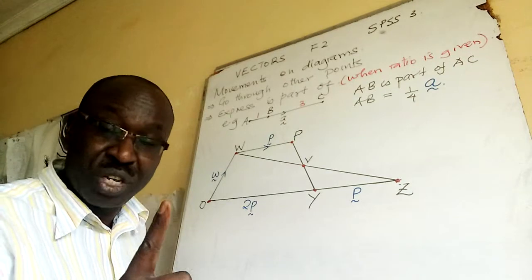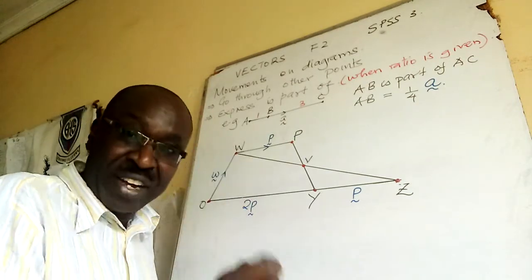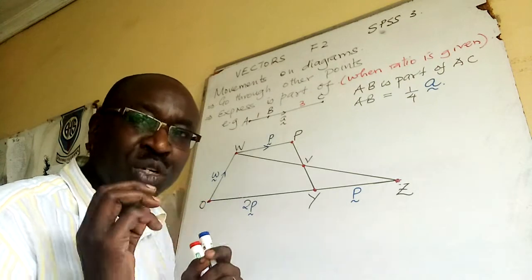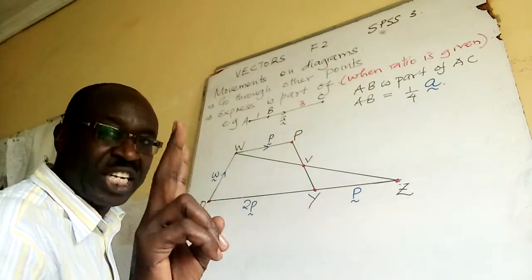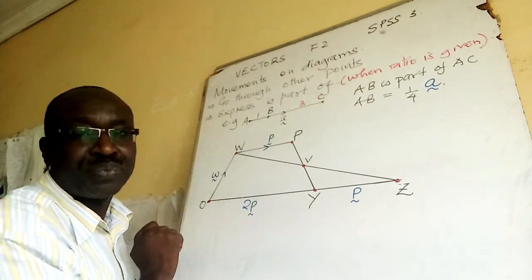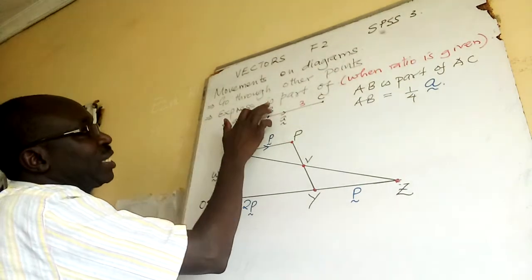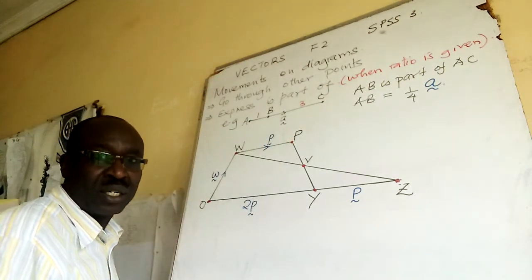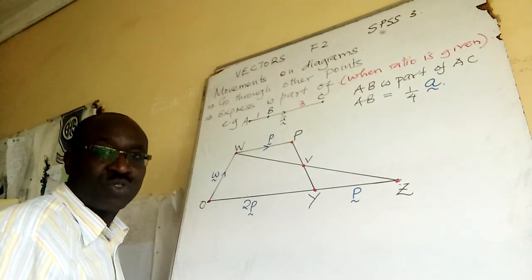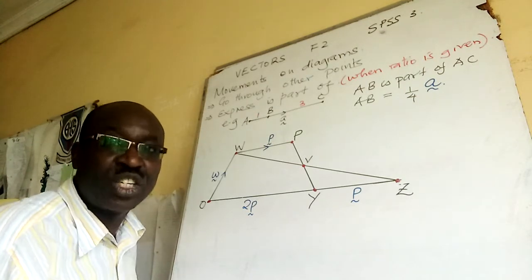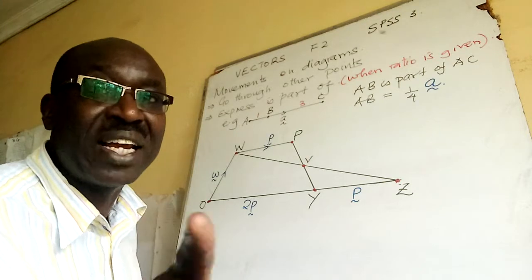So if I ask you for a particular vector, I want you to narrow your skills to two skills: go through other points, or express it as part of. Look at that hint in red. Is part of, when the ratio is given.